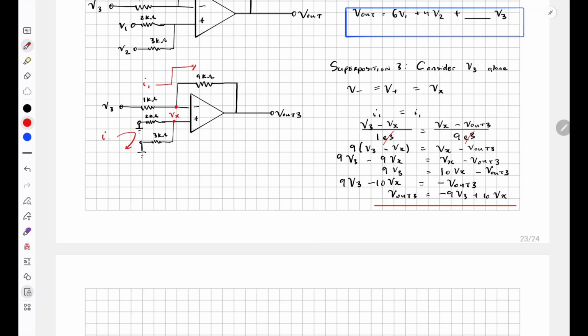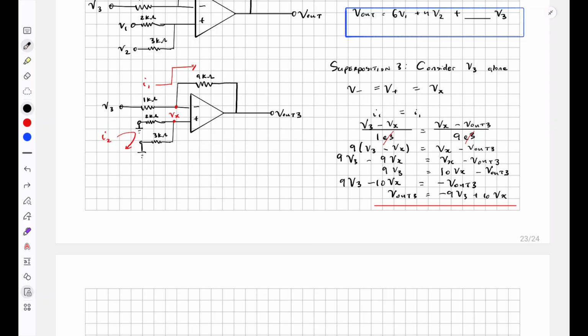I'm going to call that I2, and recall there's no current that enters the non-inverting node of the op-amp, so there's only this current loop of I2 going on. Let's just do this like a KVL KCL kind of loop.